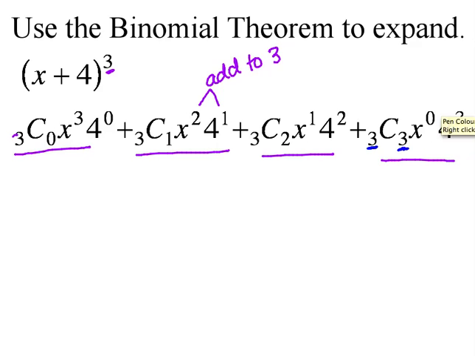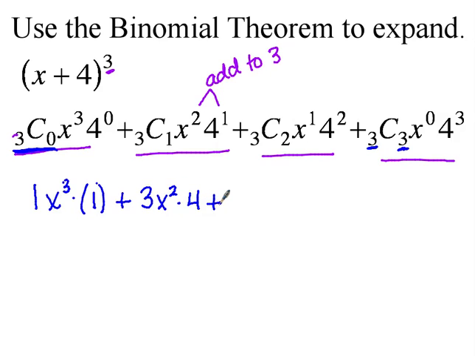On your calculator, what is 3 choose 0? 1. So I have 1 x cubed. What is 4 to the 0 power? 4 to the 0 power is just 1, right? Okay, what's 3 choose 1? 3. x squared times 4.